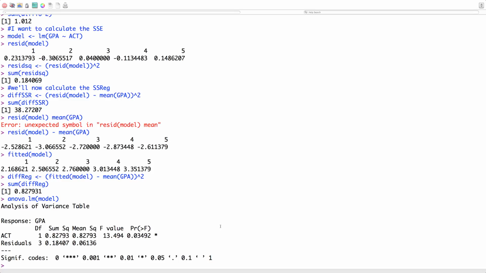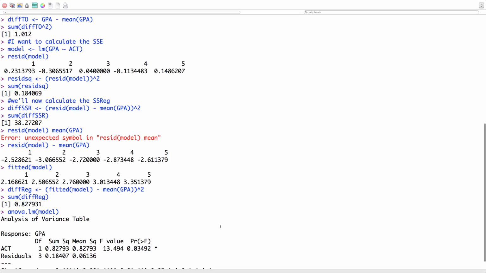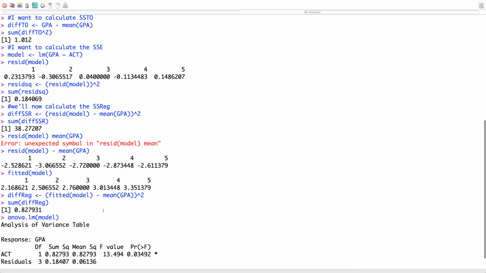So 0.82793 plus 0.18407 gives me 1.012. Damn it. Okay, guys. Sorry about that. You guys probably noticed what happened. I copied down the sum of squares wrong up here as 1.102 instead of 1.012.